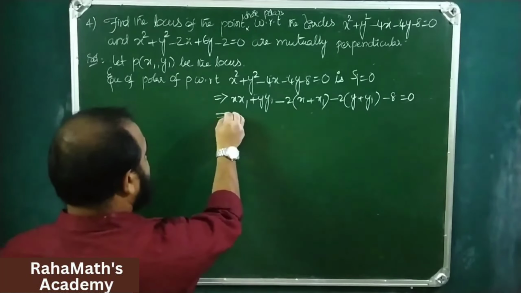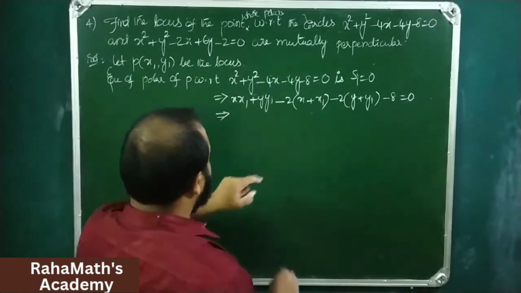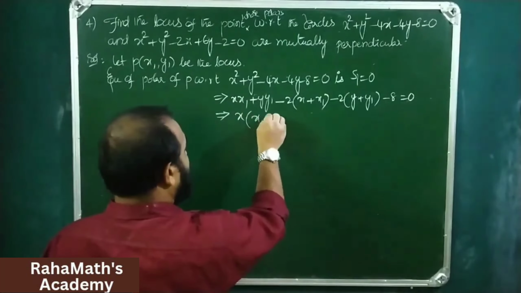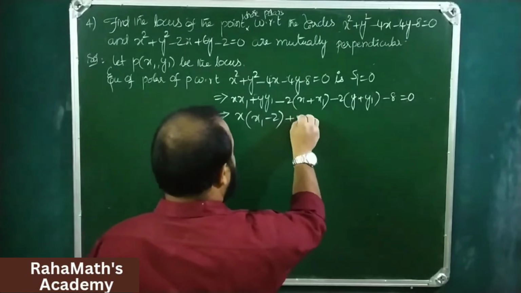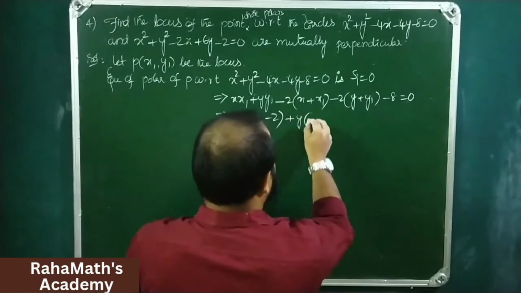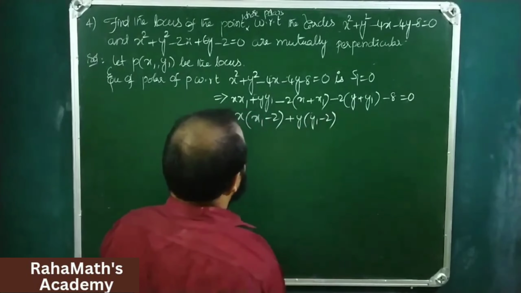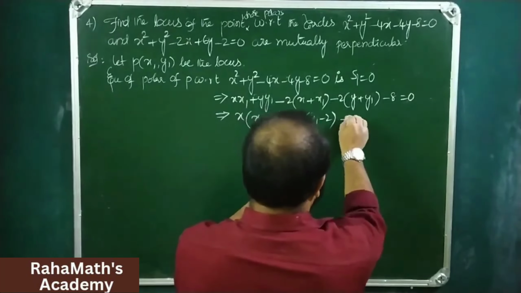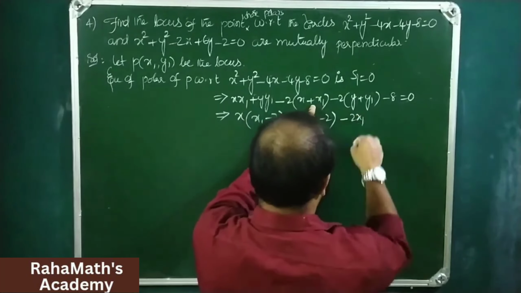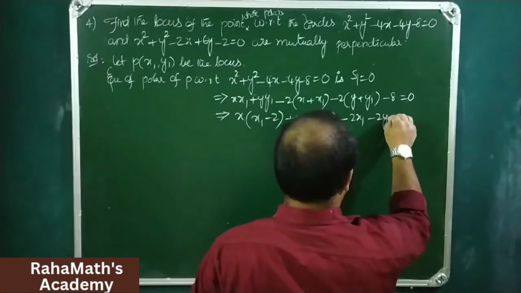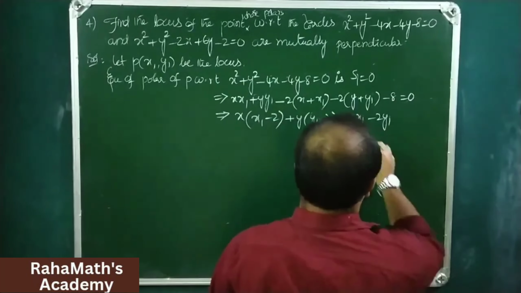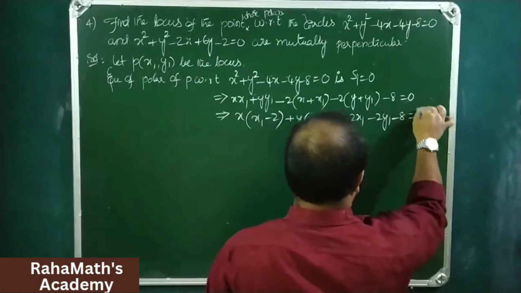So from this, if you take x as common, (x1 minus 2) x, and take y in common, (y1 minus 2) y, then minus 2x1 minus 2y1 minus 8 is equal to 0.